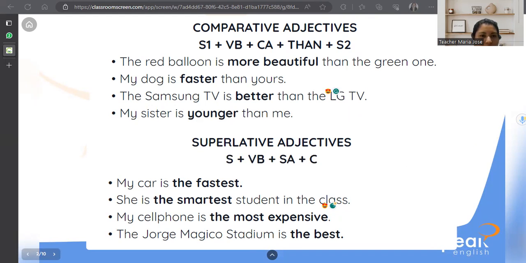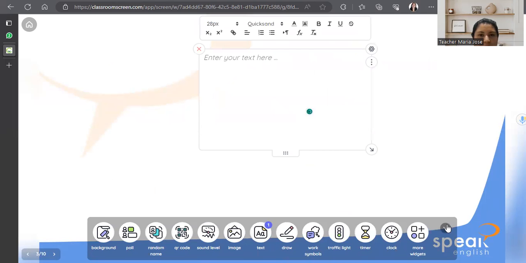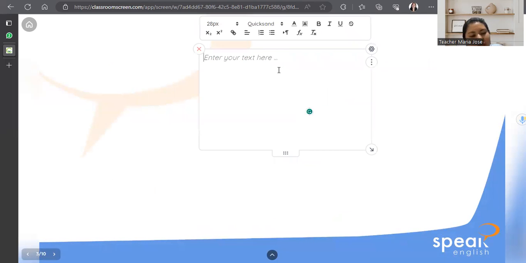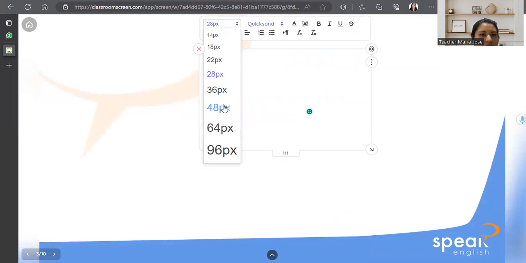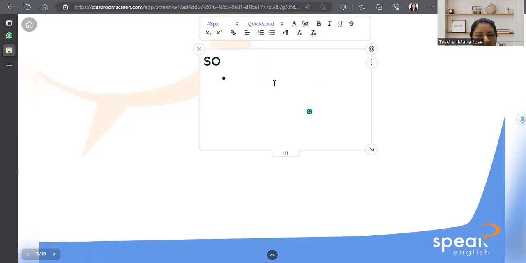Also, we were checking some intensifier expressions. So, for example, we were using the expression so. Do you remember one example that we can use with this expression, Letty? Tell me one example.